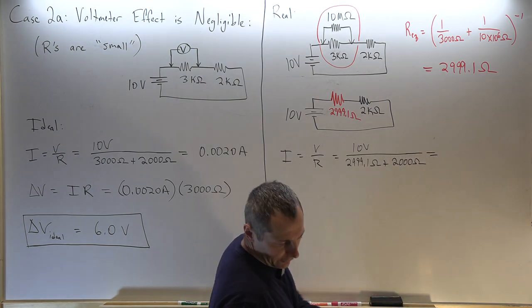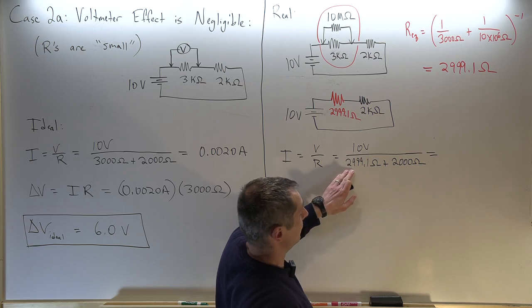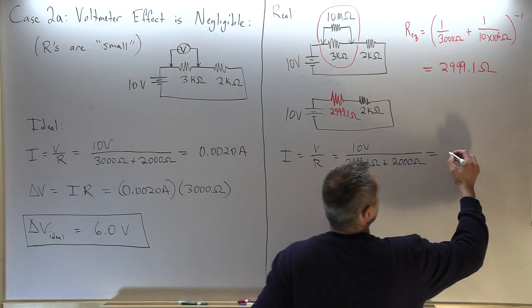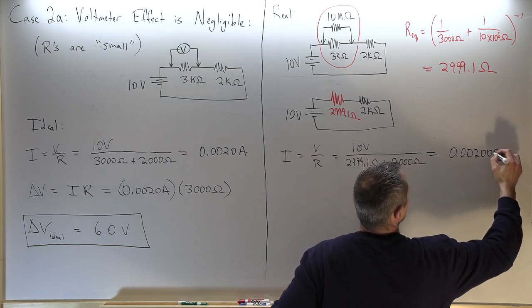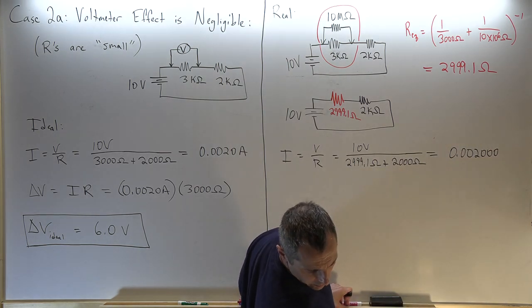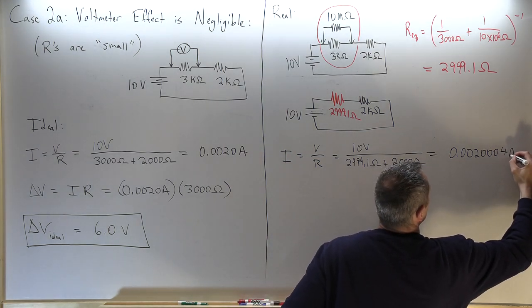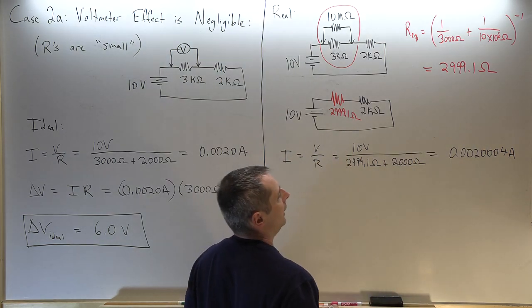So we calculate that out, and we get slightly more current because we have slightly less resistance. Okay, so that is going to be 0.002000, I think it's 3 zeros, 4 amps. Just a tiny bit more current in this case.